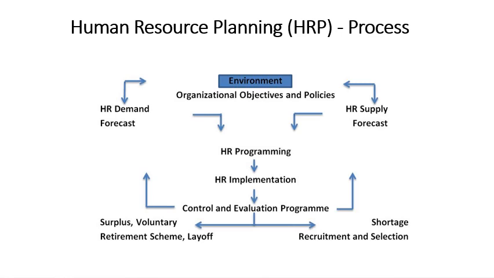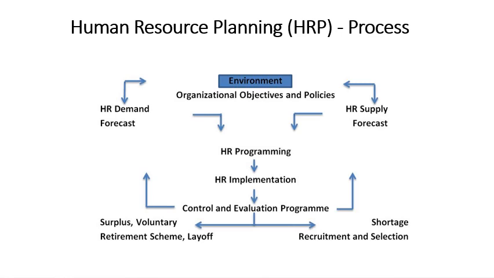Suppose you have the number of people available in an organization, but they are lacking some kind of skills. For example, when a company decides on technological changes, they will have the manpower in the organization, but they will require a new set of skills. At that time, the company will not go for external recruitment.